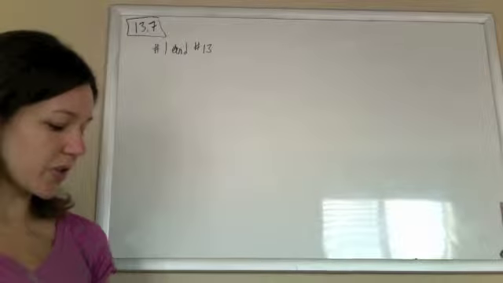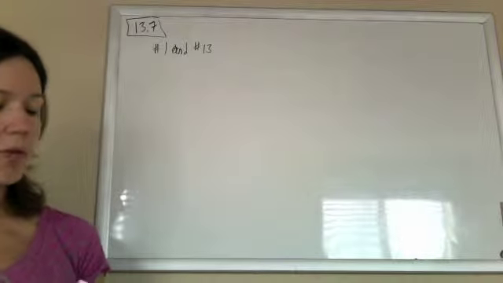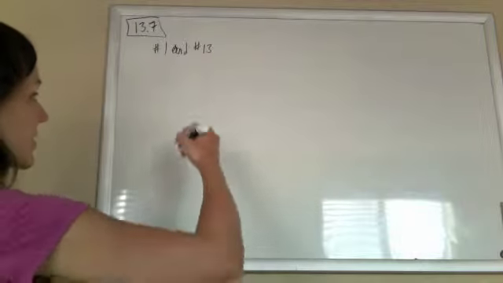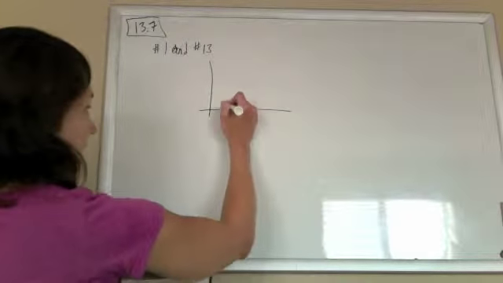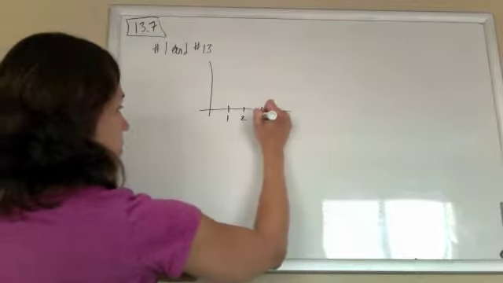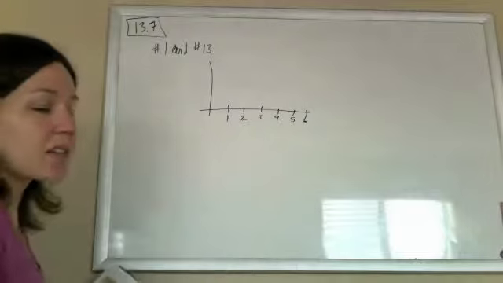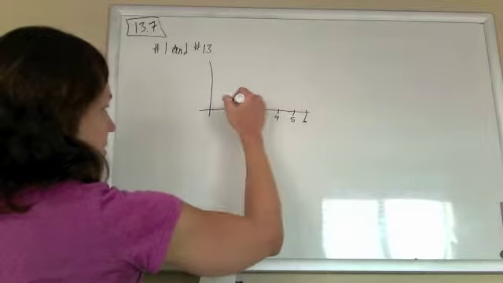So the first ones we're just going to talk about, they want us to describe a rectangular distribution. A rectangular distribution is one in which all the values occur with the same frequency. The classic example is if you roll a die with a 1, 2, 3, 4, 5, or 6, you expect to get the same amount of 1s, 2s, 3s, 4s, 5s, and 6s.